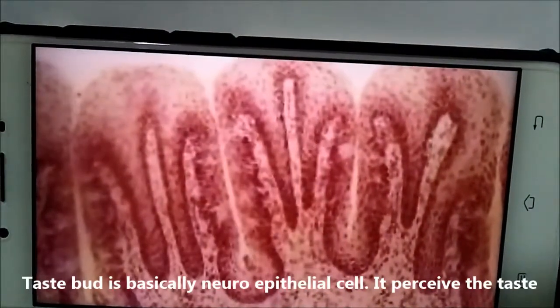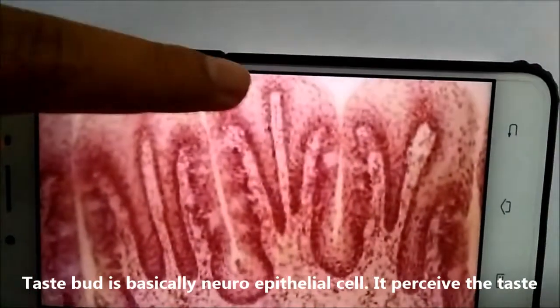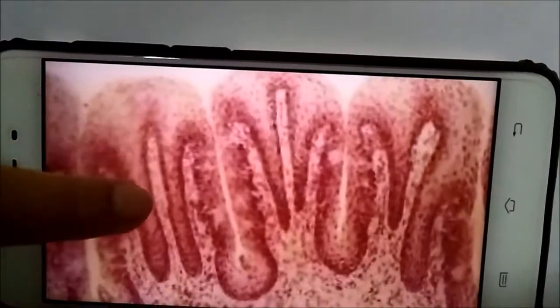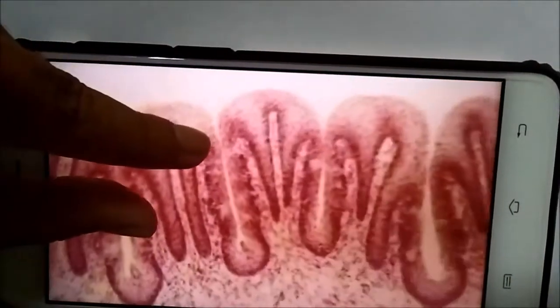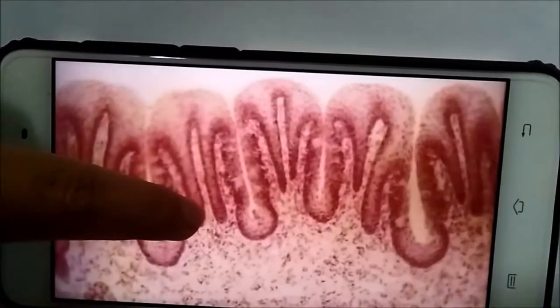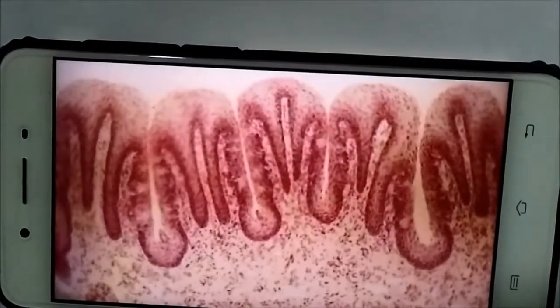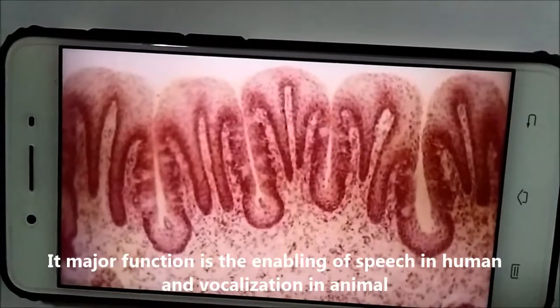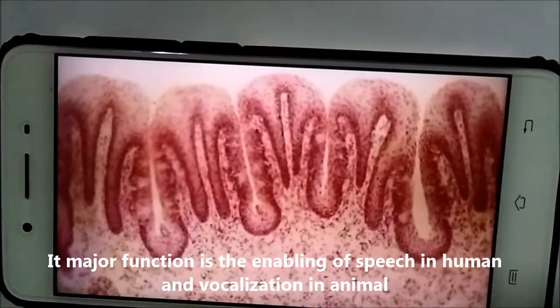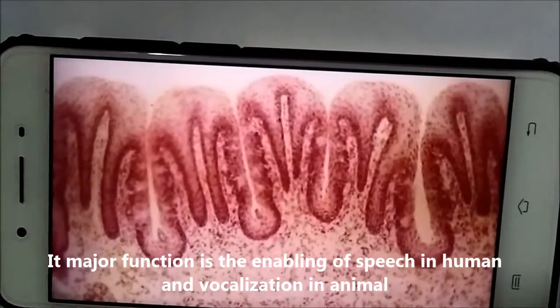Taste bud is basically neuroepithelial cells. It perceives the taste, and its major function is the enabling of speech in humans and vocalization in animals.